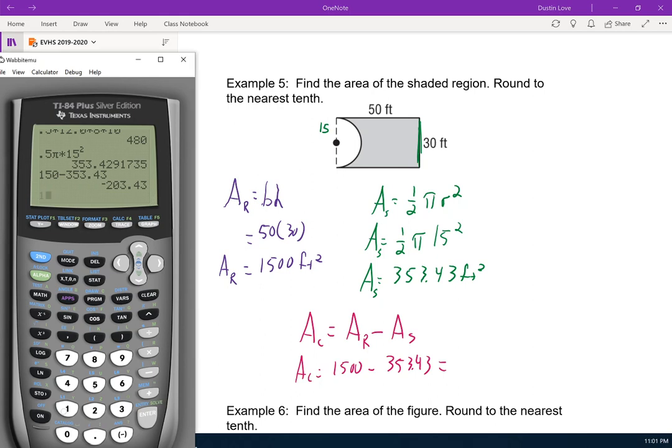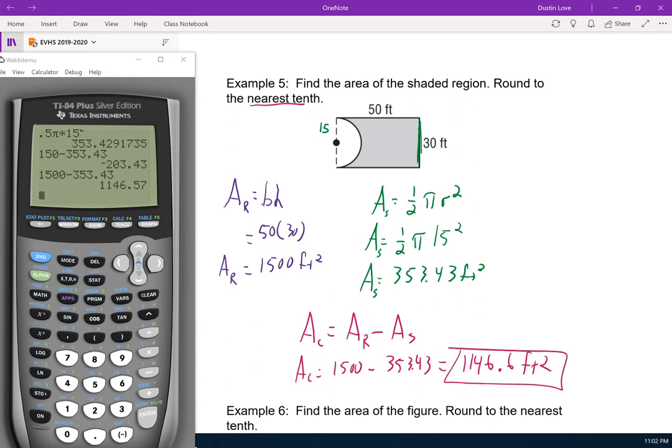Well, it would help if I could hit my 0 twice. 1,500 minus 353.43 is 1,146.57. Now I wanted nearest tenth, so that's 1,146.6 feet squared.